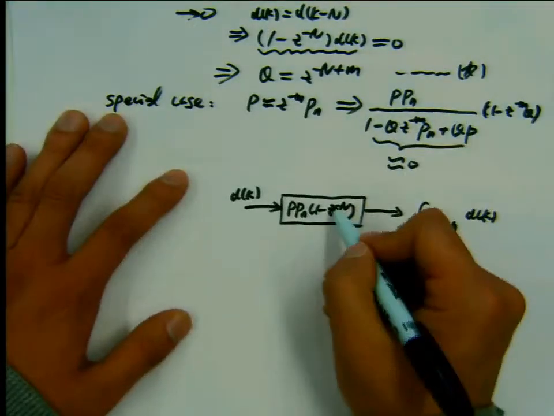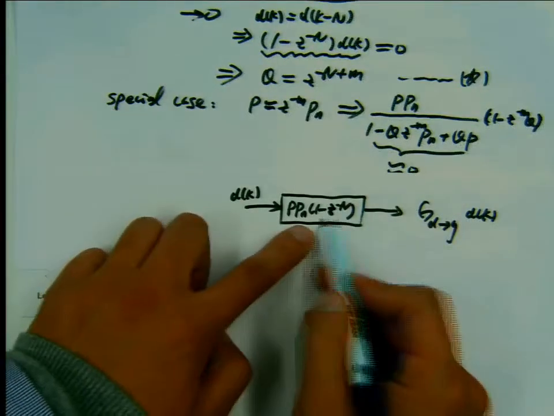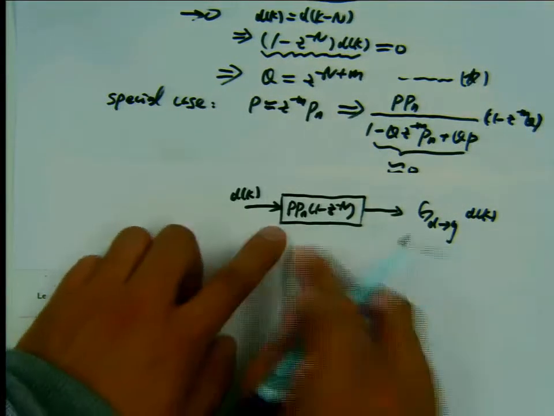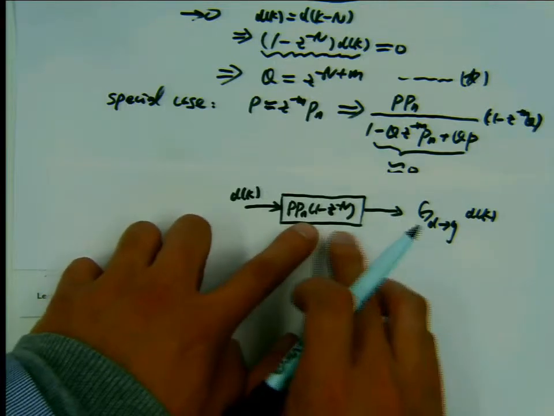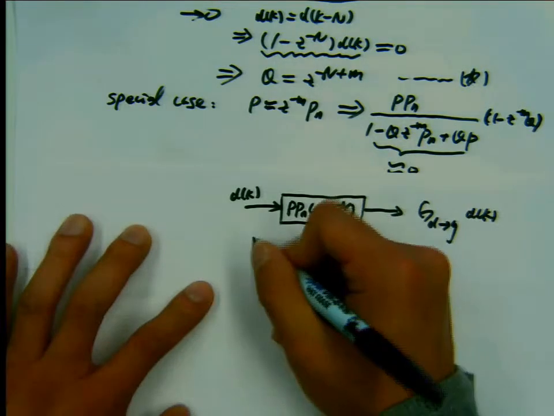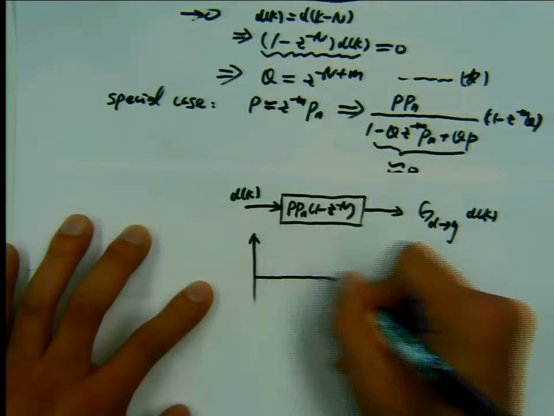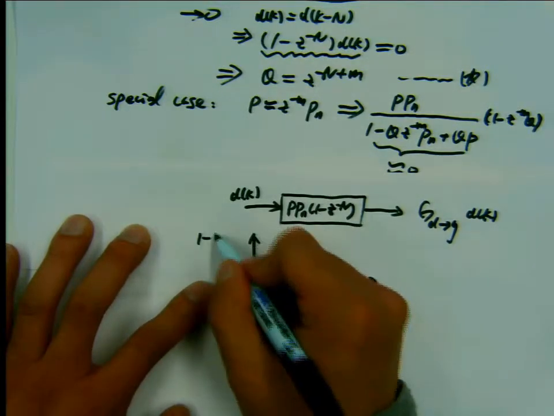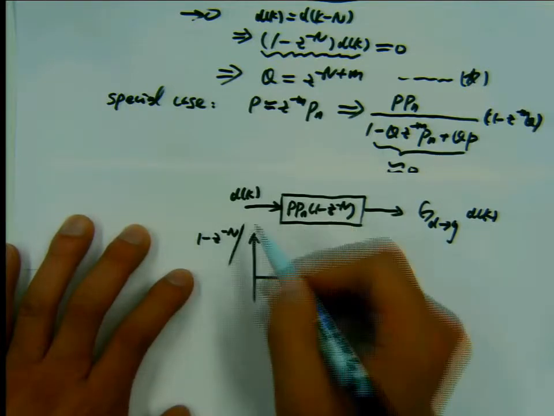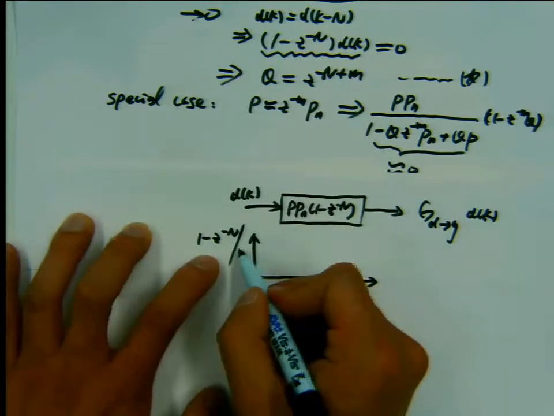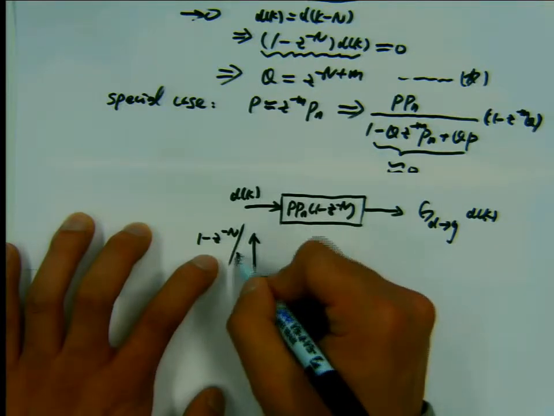Imagine you want to plot the frequency response of this when you do transfer function analysis. Imagine you want to see what the frequency response looks like. Can you tell me what the magnitude response is? How will the magnitude response of this look?